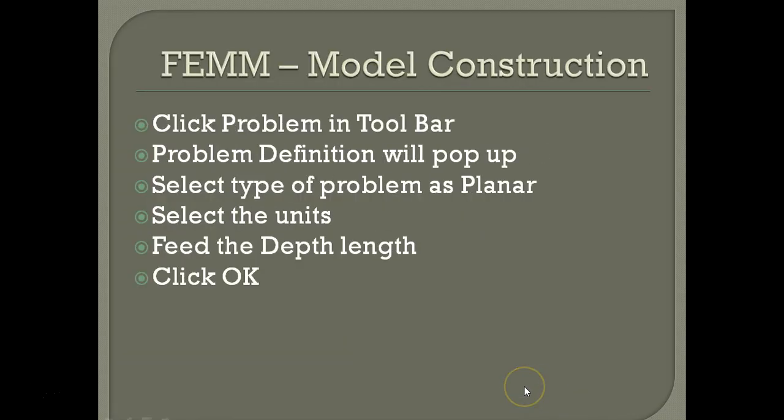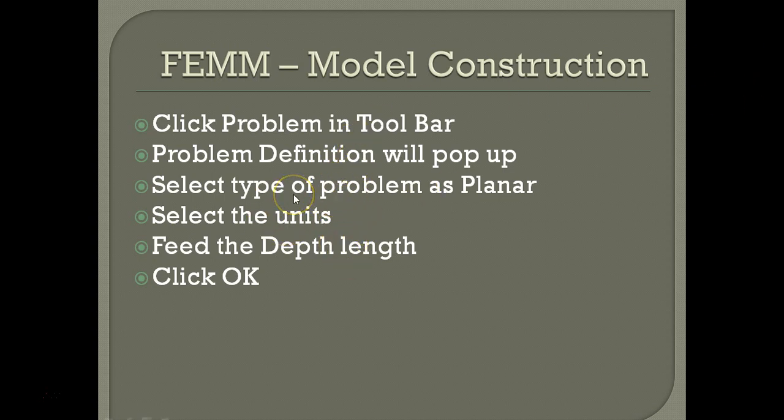So the first step is we have to create or construct a model. These are the steps. First thing is click problem in the toolbar, and once you click the problem definition, a pop-up box will come in which you get a problem definition, and from the problem definition you have to carry out these 3 things.